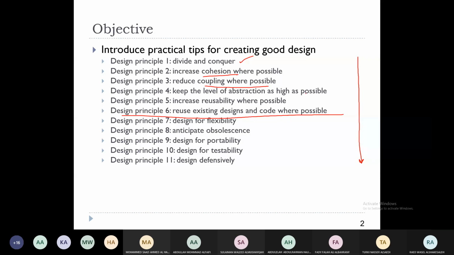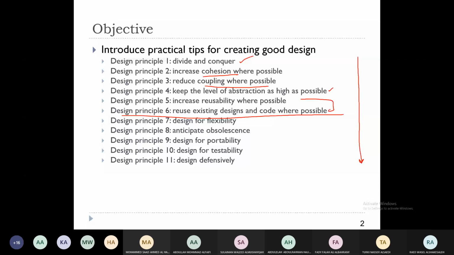You try to keep the level of abstraction as high as possible. This means use classes, use the concept of interfaces, use packages, use fewer parameters in your method signatures, and so on and so forth. And they go hand in hand.